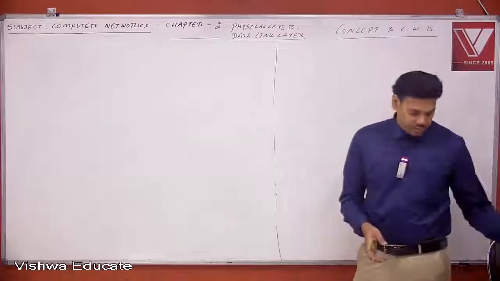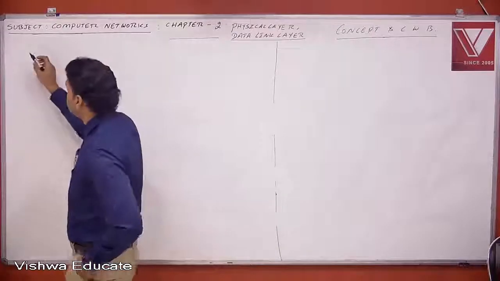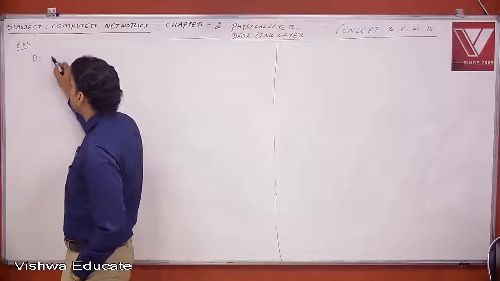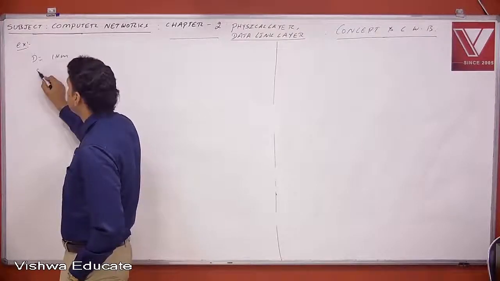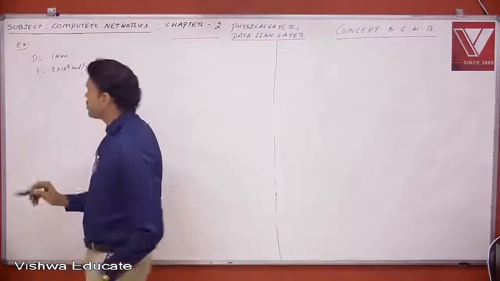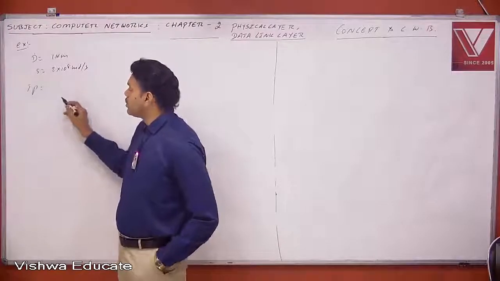So let us do one more small problem, that is distance is equal to 1 km and speed is equal to 2 into 10 power 8 meters per second. So he is asking what is the TP.